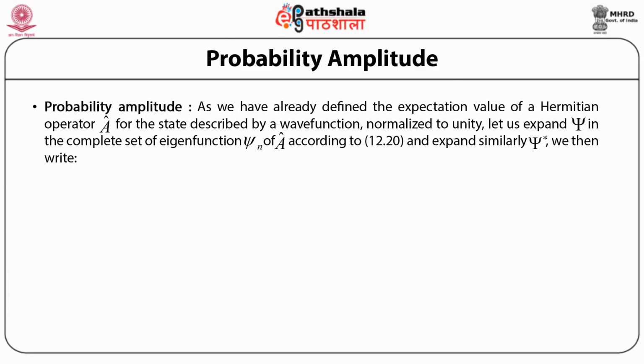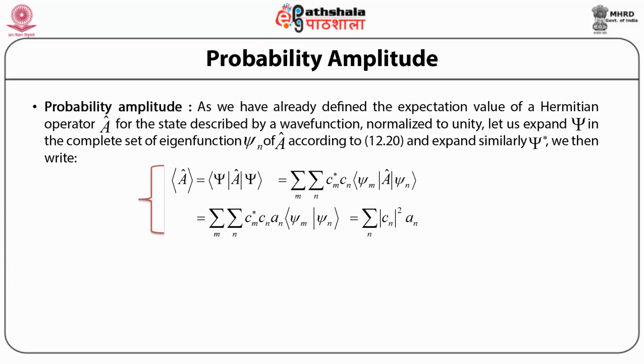We then write the expectation value of operator A is equal to the summation over m, summation over n of C_m star C_n into the inner product of ψ_m with operator A acting on ket ψ_n, which is equal to the summation over m, summation over n of C_m star C_n a_n into the scalar product of ψ_m and ψ_n.